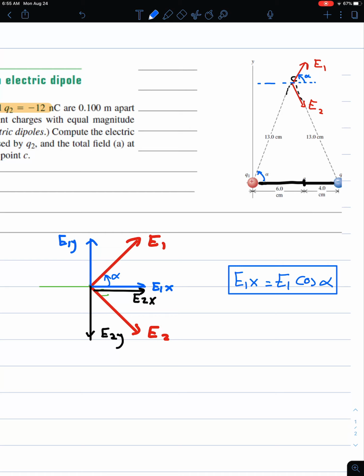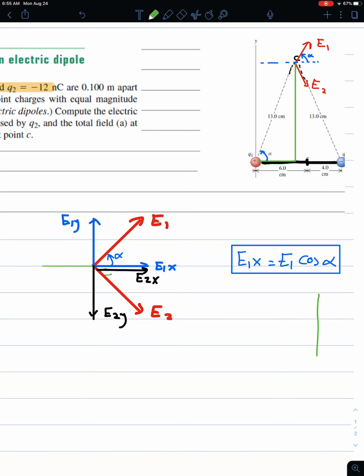See what I'm going to do. I will say this point is exactly in the middle, so this is going to be a right triangle. I don't know the length over here, but I know the point C is exactly in the middle. The total here is 10, so here becomes 5 centimeter, and here is 13 centimeter.